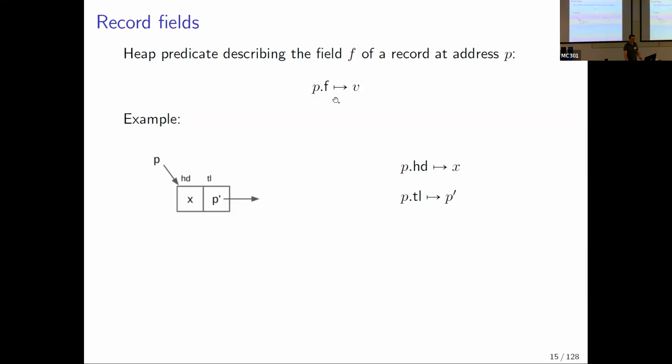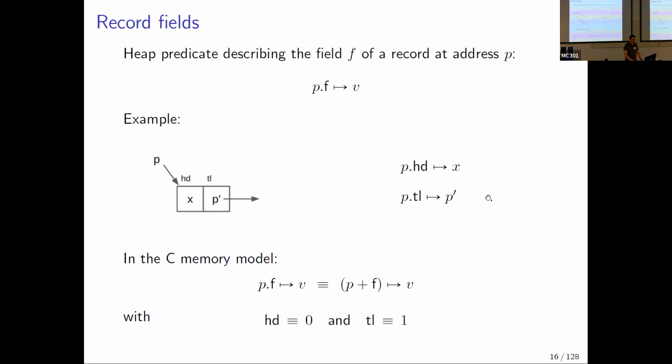You can say that p.f points to v is actually a shortcut. So you want to say that p.hd points to some value x, and p.tl points to some value p'. You can encode this simply by saying that hd and tl are offsets: hd would be 0 and tl would be 1. In fact, when you write p.f points to v, it's just p + f points to v. So record fields are just encoded.